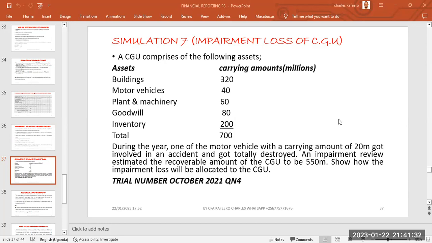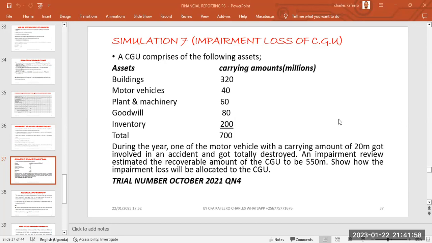That's very important. We have buildings at 320, motor vehicle 40 million, plant and machinery 60 million, goodwill 80 million, and inventory of 200 million. The total is 700 million.